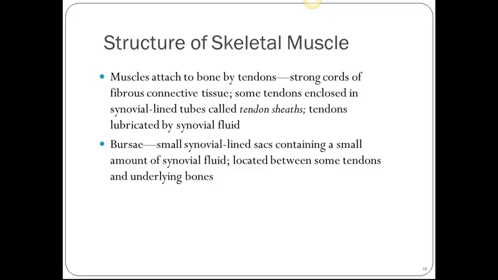Tendons are lubricated by the synovial fluid. And most oftentimes we see that synovial fluid in our hinge-type joints. A bursa is a small synovial-lined sac containing a small amount of synovial fluid located between some tendons and underlying bones.